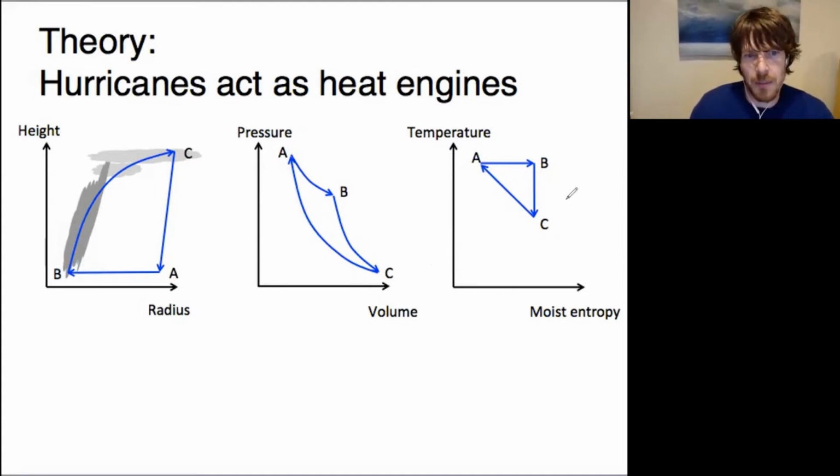And similarly, in temperature moist entropy space, you can diagram this as an even simpler triangle where the isothermal leg from points A to B is a horizontal line.